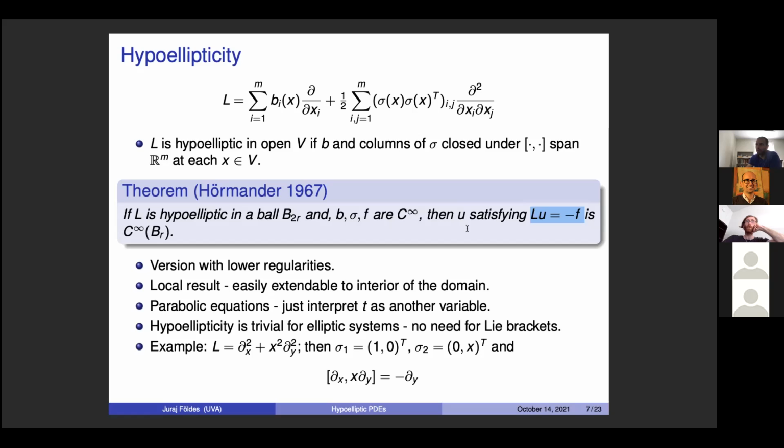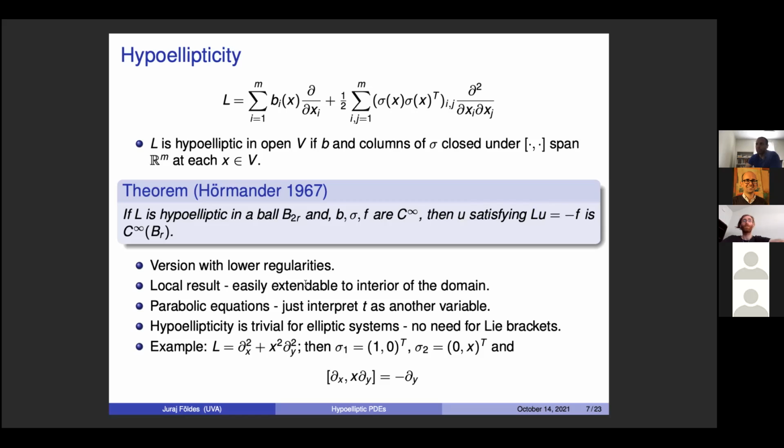So that means that if you have enough mixing, if you are able to move in all directions, maybe with the help of this Lie bracket, then you are pretty much recovering the classical theory of elliptic equations.